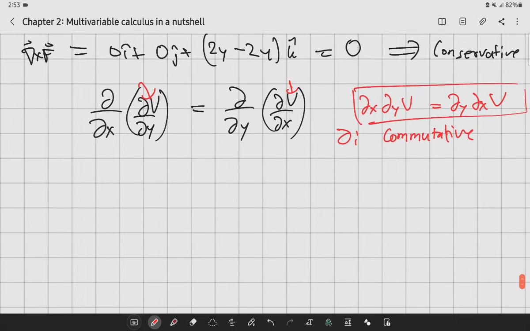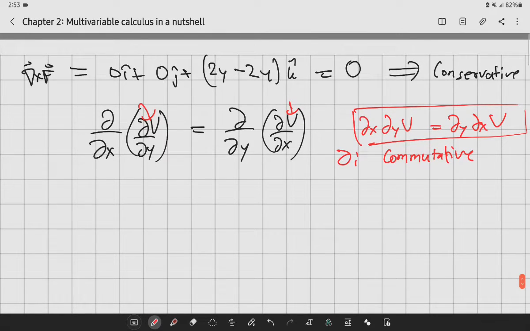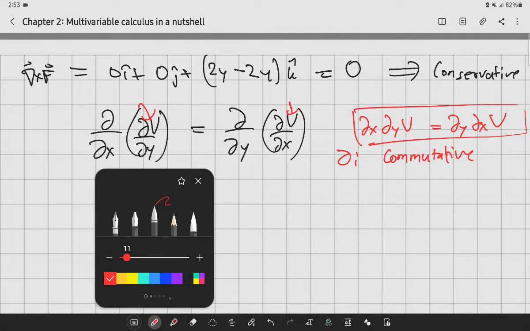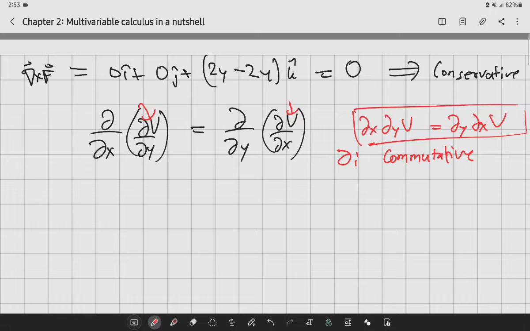Okay, so how do I find the potential? The way I find the potential is by relating these things. If the field is conservative, it's the gradient of some function V, right?